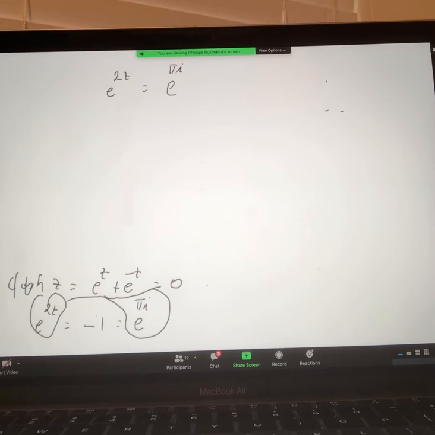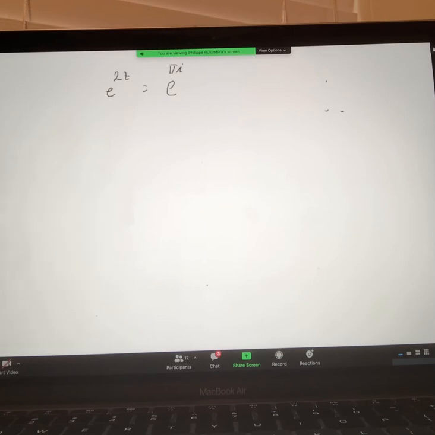This is exactly when hyperbolic cosine becomes 0. Does anybody know where the poles are?